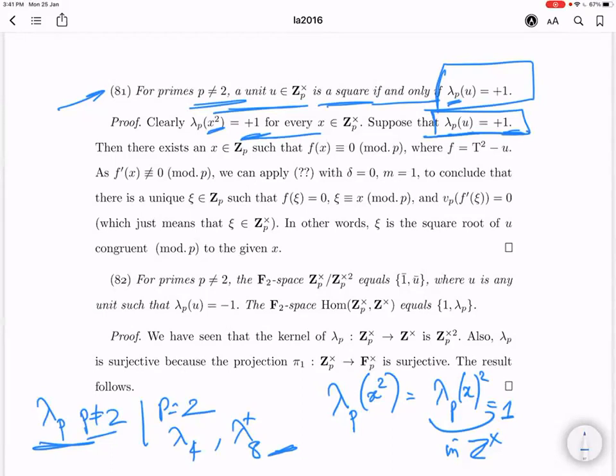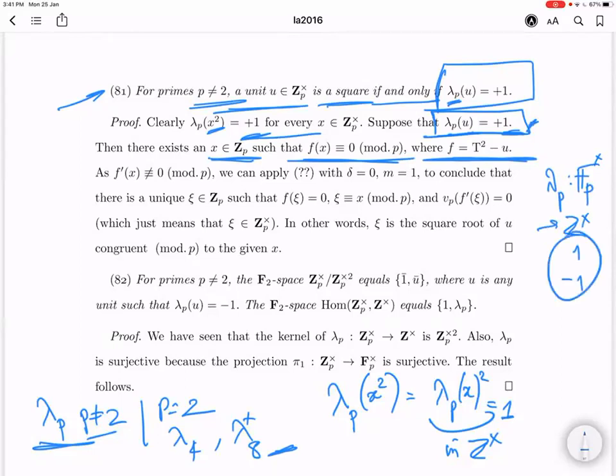That means that in Fp star, u is a square, because lambda p, after all, is a map from Fp star to Z star and takes squares to 1 and non-squares to -1, right?